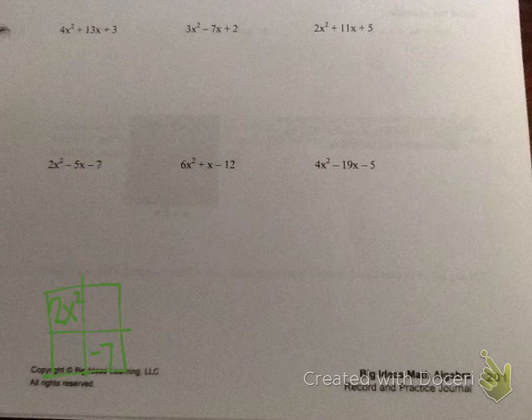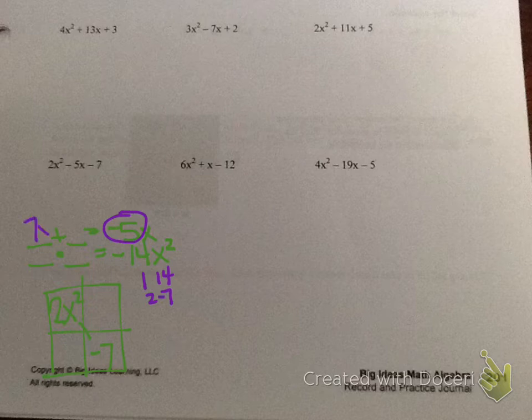So on this one, I'm going to have something plus something equals negative 5x, and something times something equals negative 14x squared, because I multiply those two, negative 14x squared. And when I do that, I'll see 1 times 14, 2 times 7. So to get negative 5 when I add, I would do negative 7, positive 2.